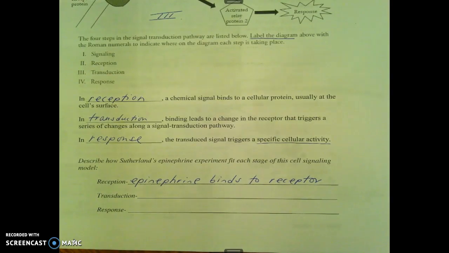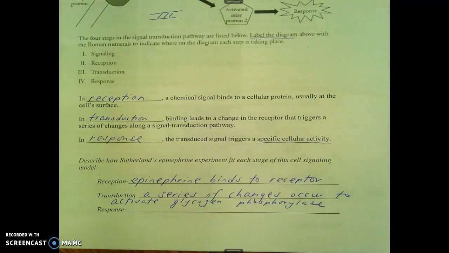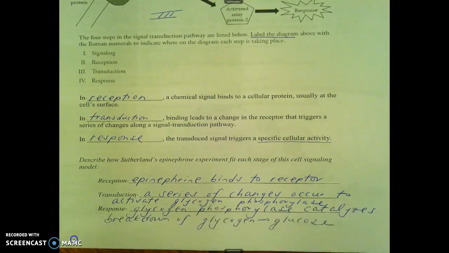There are a series of changes that occur to activate glycogen phosphorylase. The true goal of epinephrine's message coming to this cell was to stimulate the breakdown of glycogen into glucose, to have that readily available energy source. So that'll be the cellular response.